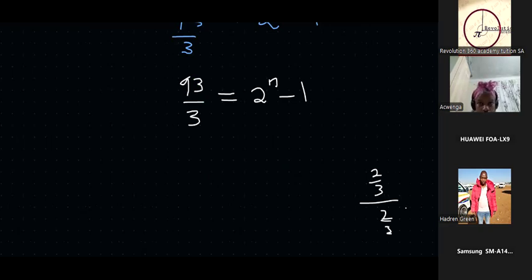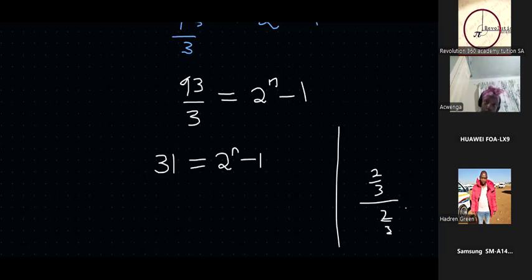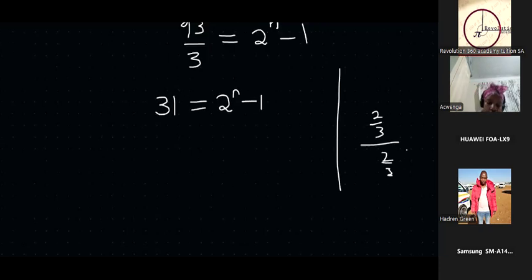So what is 93 divided by 3? 31. Yes. 31 is equal to 2 to the exponent of n minus 1. The next step, you take the -1 to that side and it changes the sign from negative to positive.